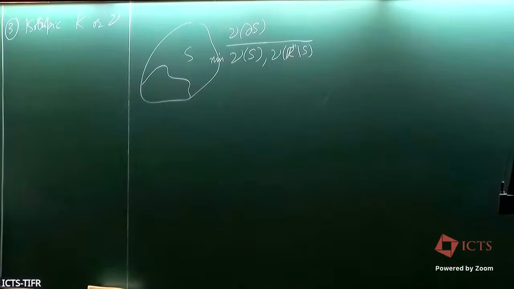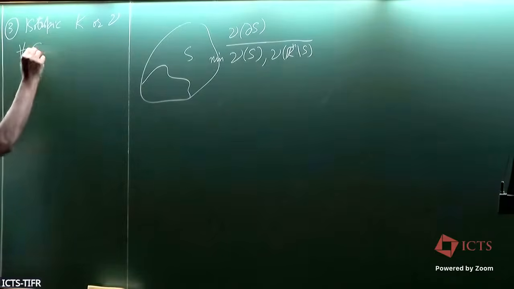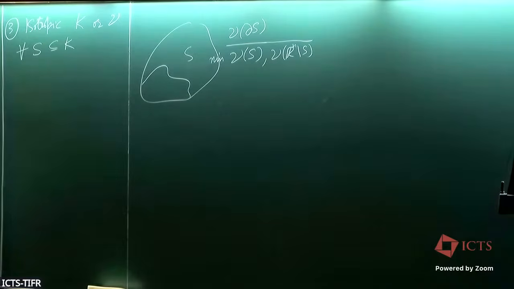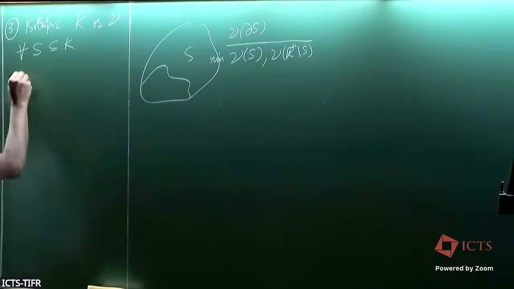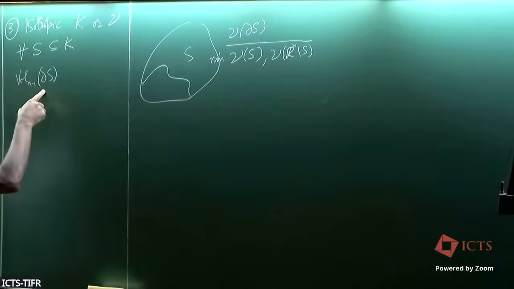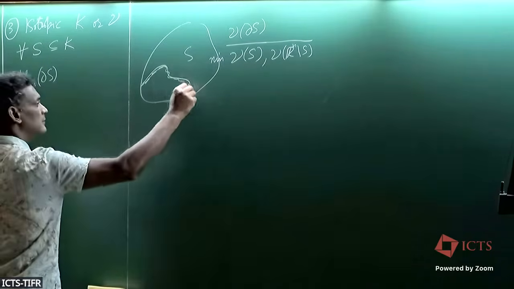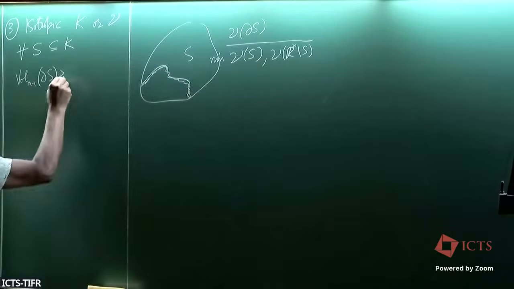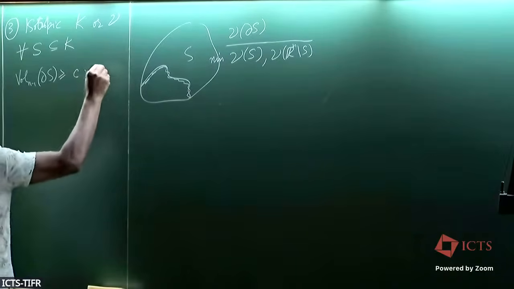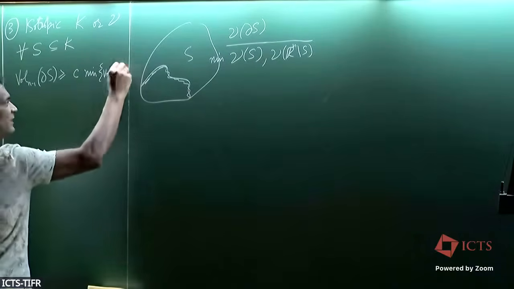And so the inequality says that for any isotropic convex body and for any subset of this, I'm formulating it, of course, log concave is more general, but sometimes more illustrative with convex bodies, the volume of this boundary is at least a constant times the minimum of the volume of S and the volume of the complement.